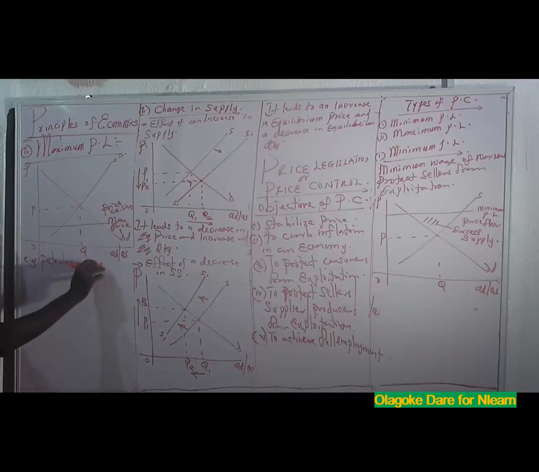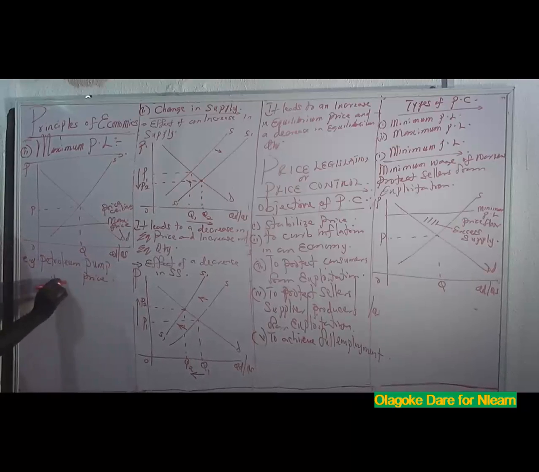An example of maximum price legislation is the petroleum pump price. Thank God, in your country, in Nigeria, it has now been reduced to 125 naira. So you are not allowed to buy above that. It's a way of protecting you from exploitation in the form of high prices.